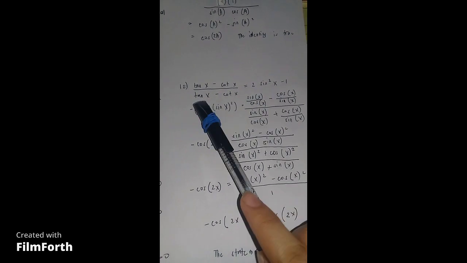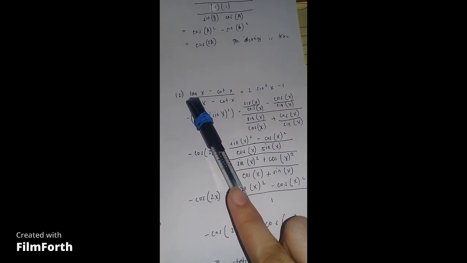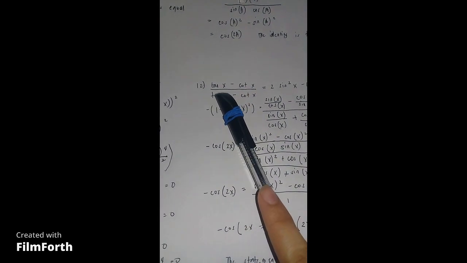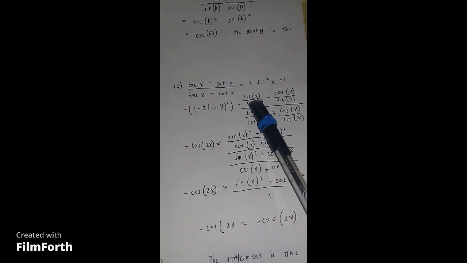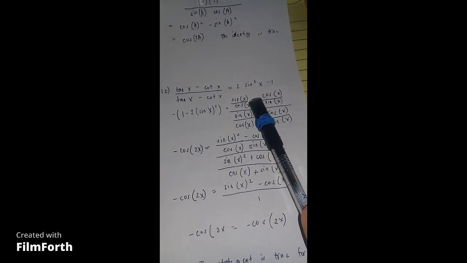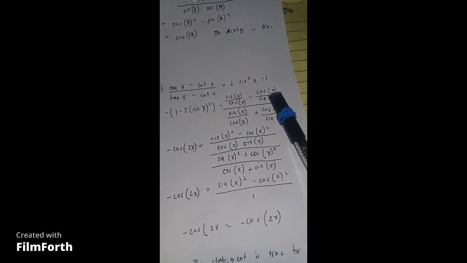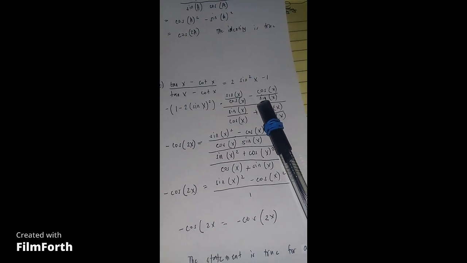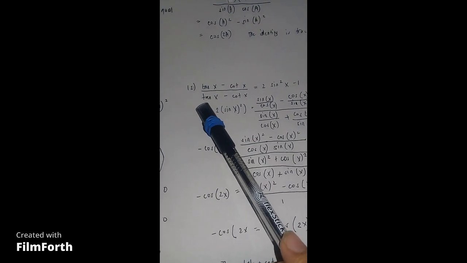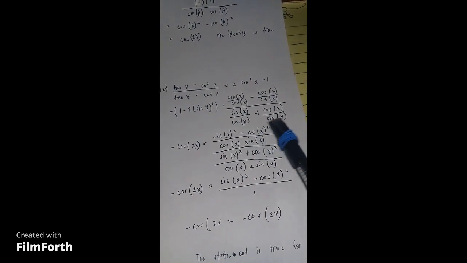The tangent x is equal to sine x over cos x. The cotangent x is equal to cos x over sine x, and the tangent we just copy.